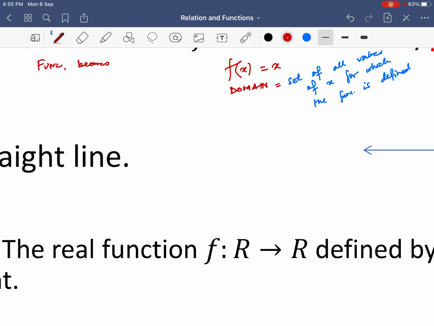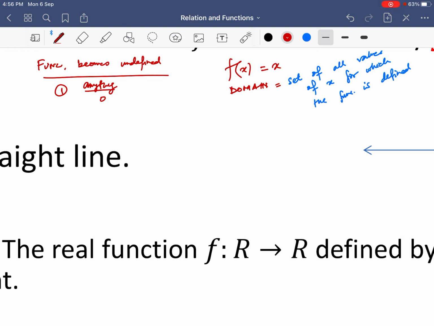This thing also we discussed last class. The first condition is anything divided by 0. If you come across a value of x for which the denominator becomes 0, because anything divided by 0 is undefined, then you have to reject that value.